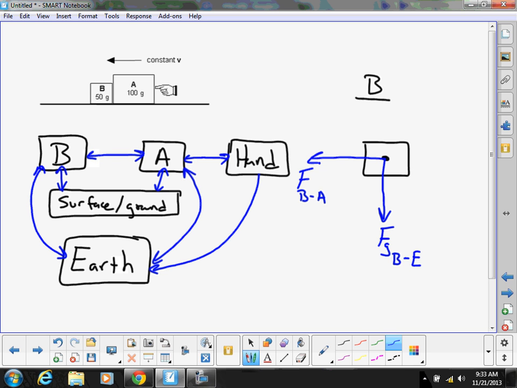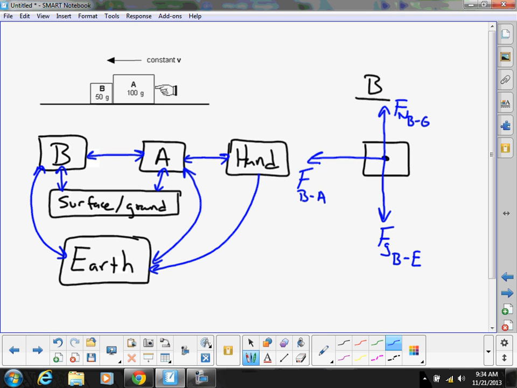And then as far as the interaction with the surface, we know from our book on a table activity that we're going to have this normal force acting on it. And that's going to be on block B, and it's going to be caused by the ground, so I'll put a G for that.